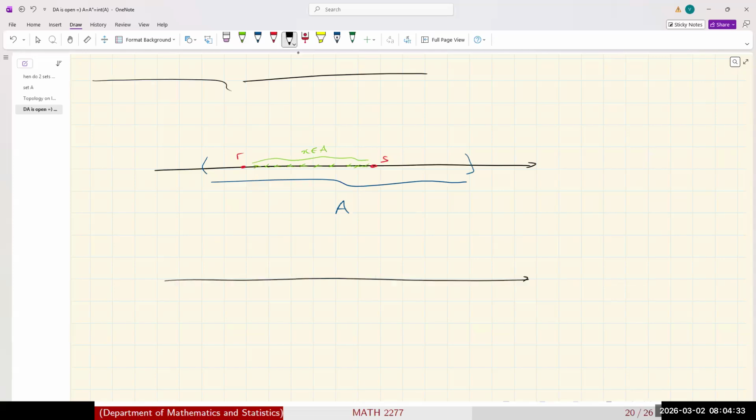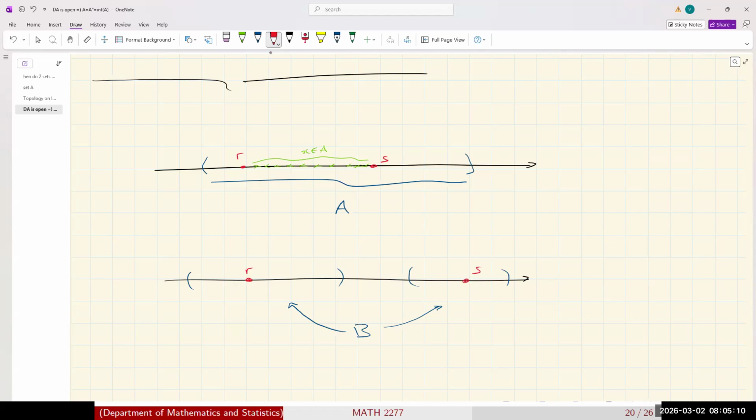So let me give you an example of a set that is not connected, or we say it is disconnected. So for example, what about this? This is your set B. It consists of these two pieces, or we will call them components. So why is this set B not connected? Because let's say I take a point R over here and a point S over here.